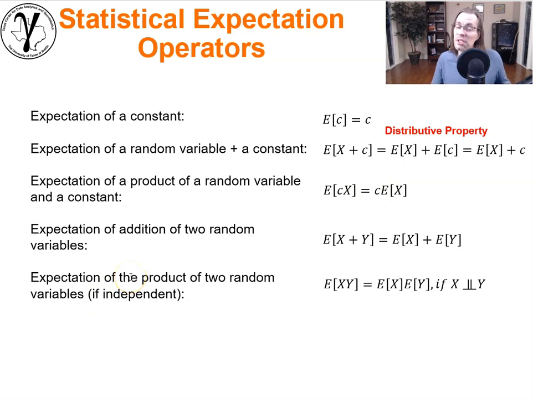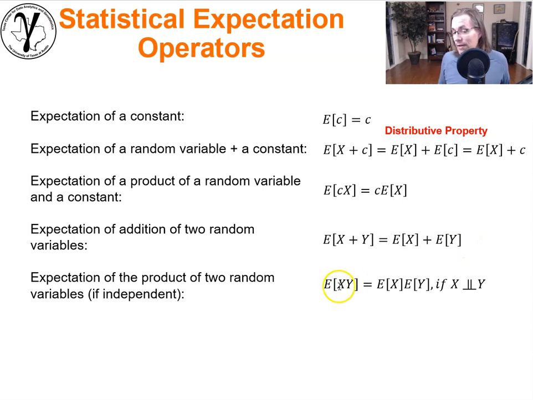Now, if we have two separate random variables, notice that X and Y are both capitals here. Then, while we have the distributive property again, we can pull them apart and we just deal with the expectation of X plus the expectation of Y. Very, very easy. Now, the product of two random variables is a little bit more complicated, but simple if we can deem that they are independent of each other.